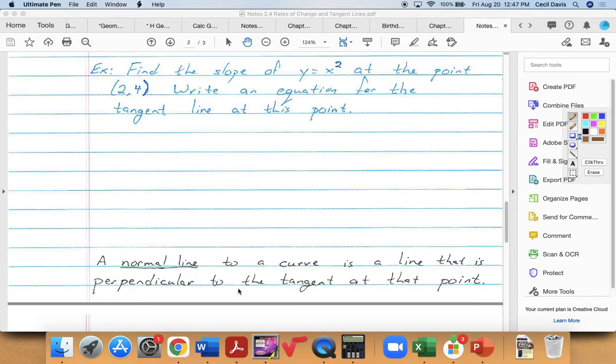A term that you probably don't know is this one, a normal line. A normal line to a curve is a line that is perpendicular to the tangent at that point. So if we go back to a circle, if we have a circle and we have a line that is tangent to that circle, a line that is normal to that is perpendicular at the point of tangency.